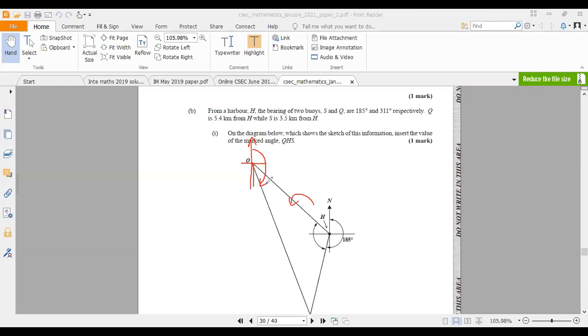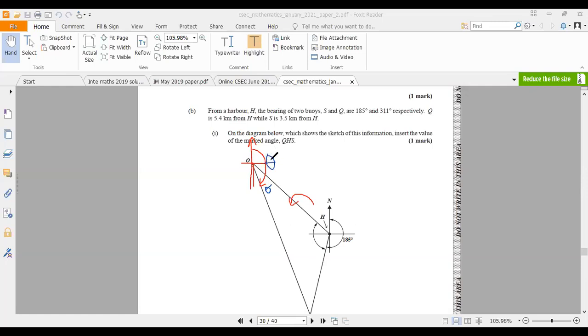All right. So what we're going to do first of all, for me to find this bearing here, there are two things I need to find. I need to find the angle right here, and then I need to find the angle right here, or this one.